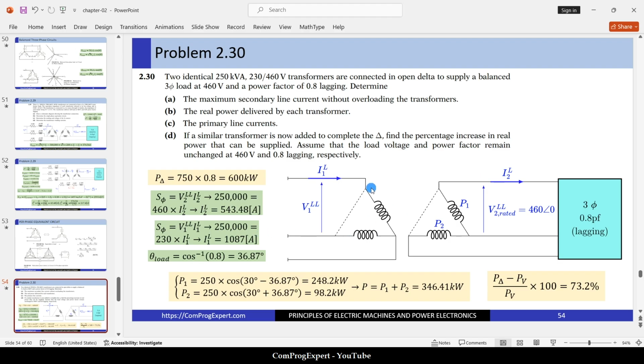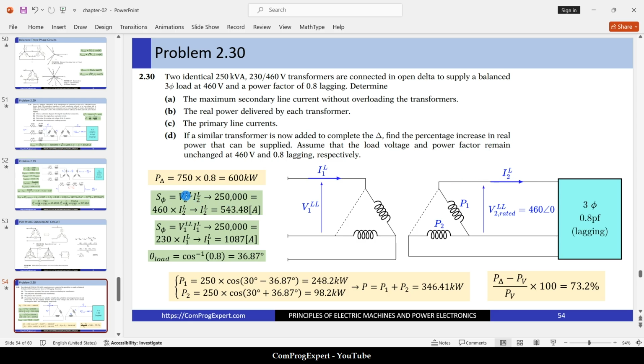But for the V connection, what is the maximum value of the phase current? For the V connection, A, calculate maximum secondary line current without overloading. So the maximum, or the rated apparent power of the single phase transformer is this one, 250 kVA, equal to the line to line voltage times the line current.